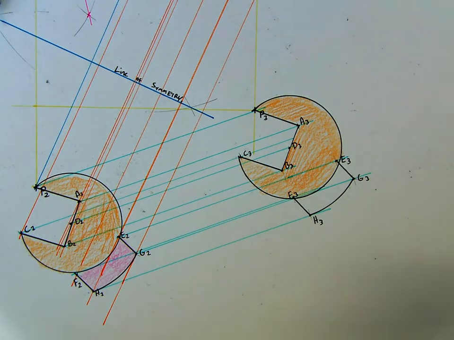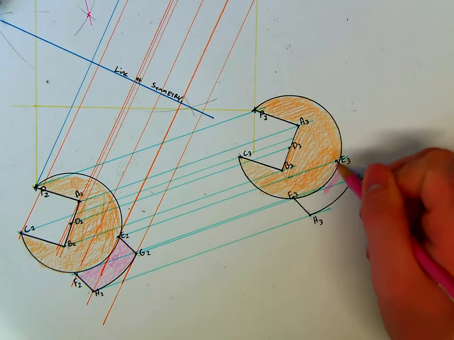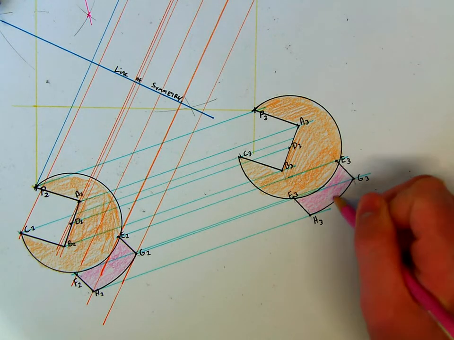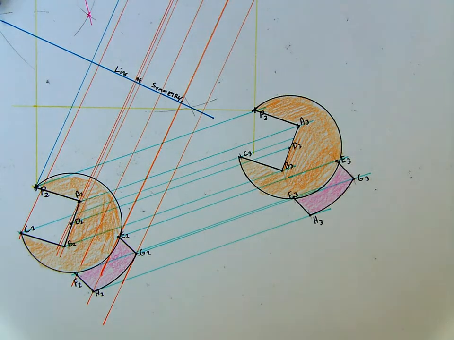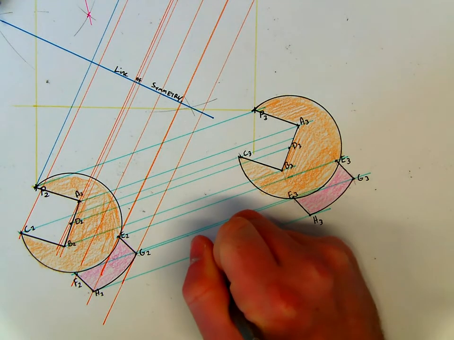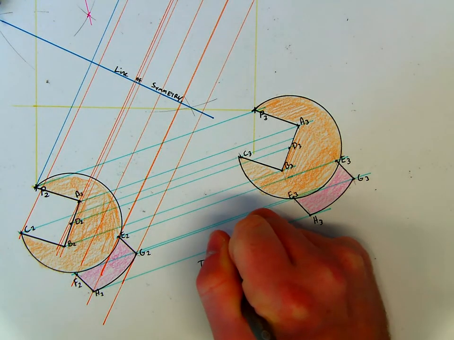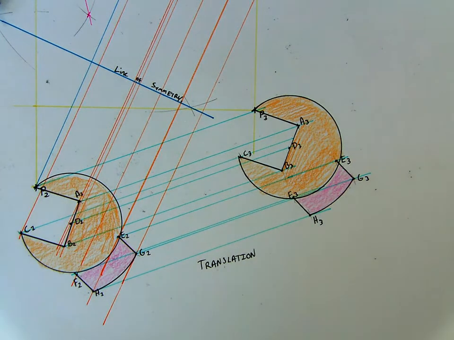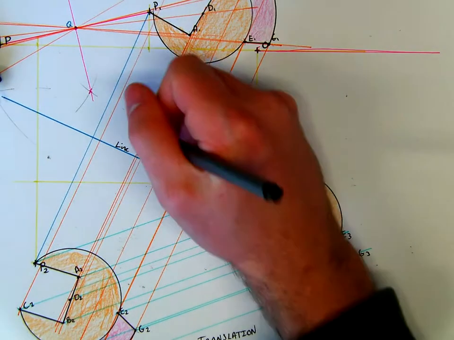So 1 and 2. So that is my translation done. And this previous one here was axial symmetry.